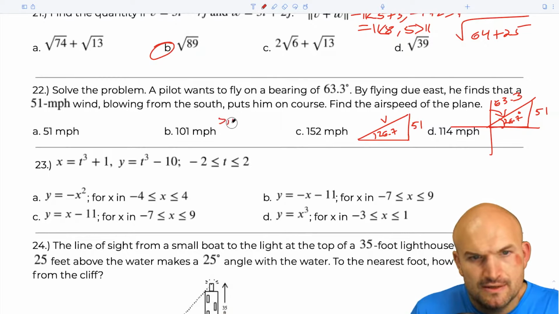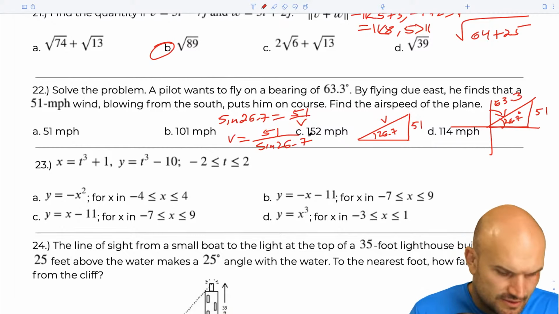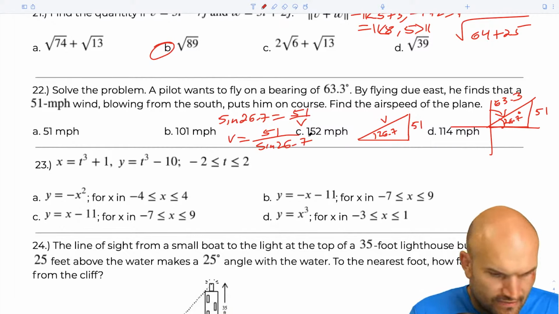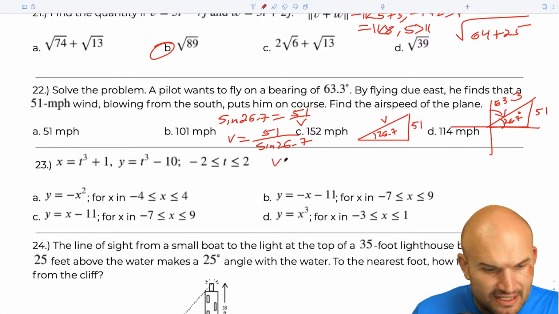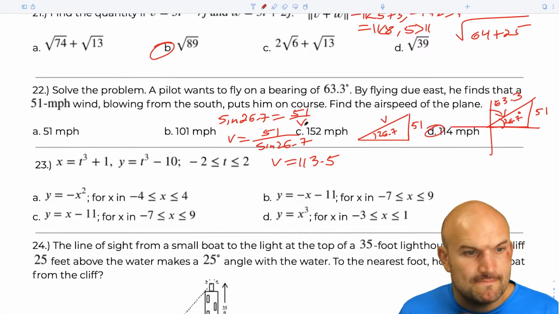So we'll say the sine of 26.7 equals 51 over v. So v equals 51 over the sine of 26.7. So 51 divided by the sine of 26.7. And v is equal to 113.5, which rounds to 114.